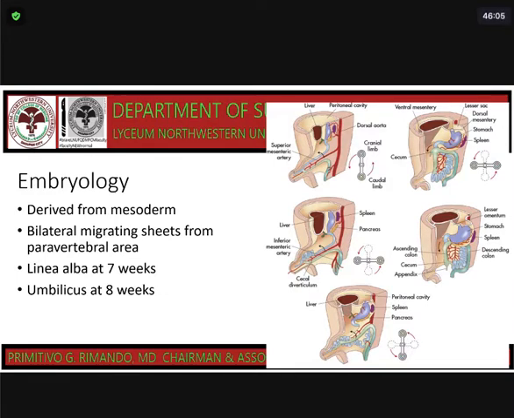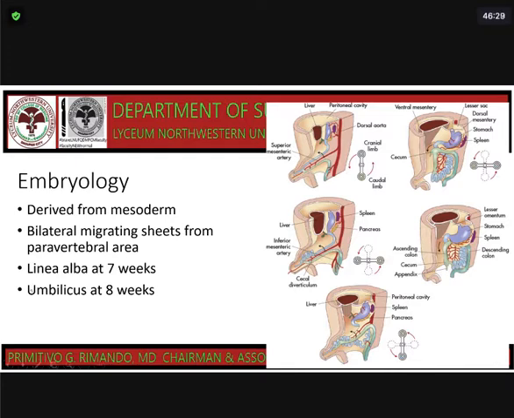When the embryo is folding, there is a folding of your lateral. We know, of course, there's a caudal, there's a cranial folding as well. So when the embryo is folding, it will develop your thoraco-abdominal cavity, which will later on be divided by your diaphragm.